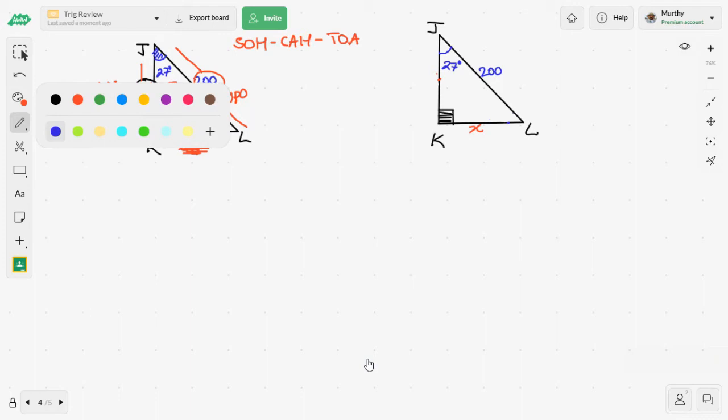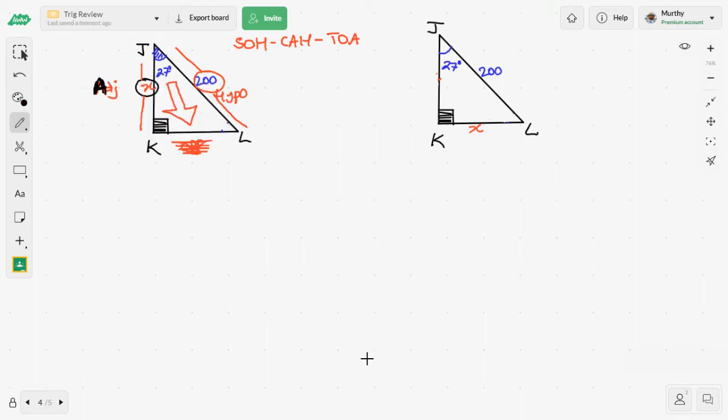So where do you find the adjacent and hypotenuse? Not in SOH. Yes in CAH. Not in TOA. Therefore I have to take cos, and here please don't forget to write the letter where the angle is given. Therefore I'm taking CAH.